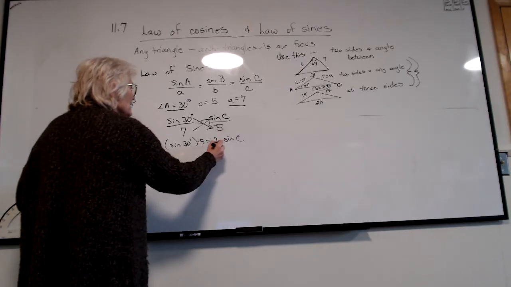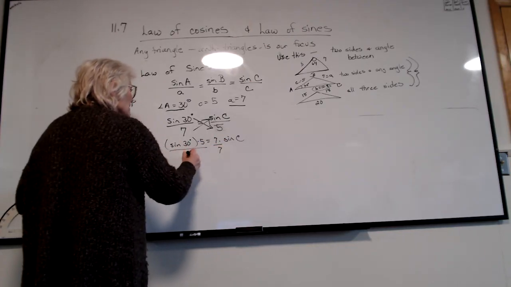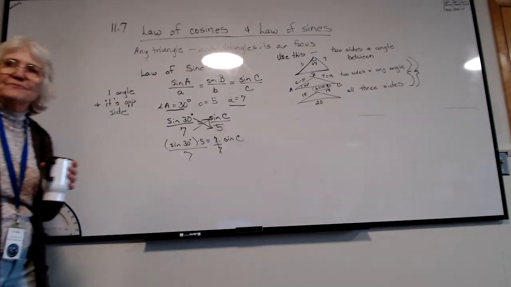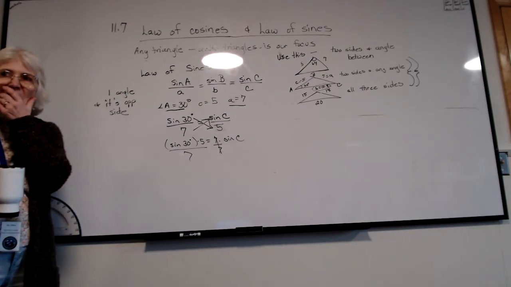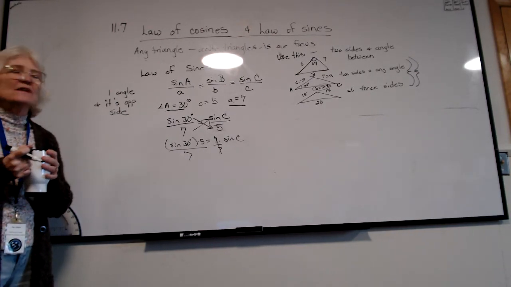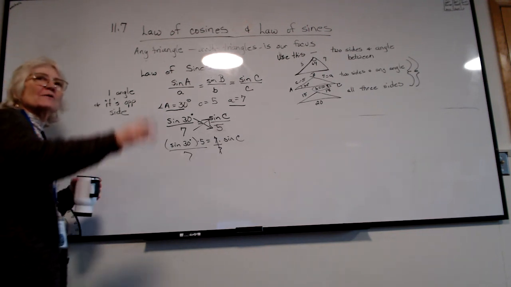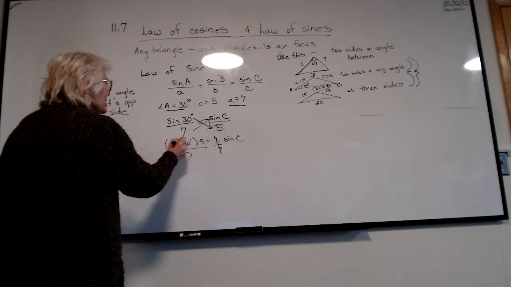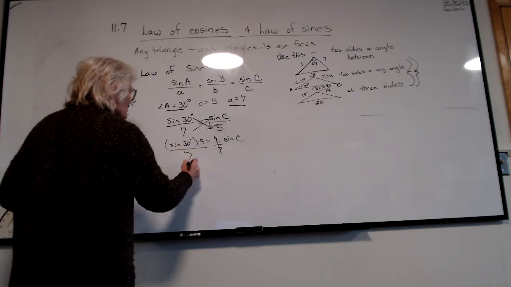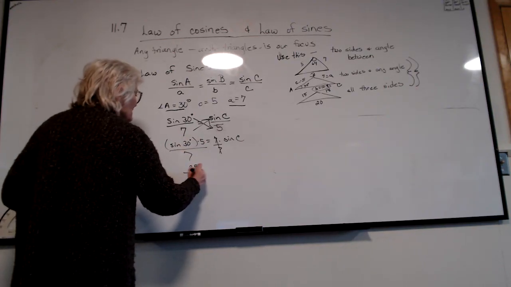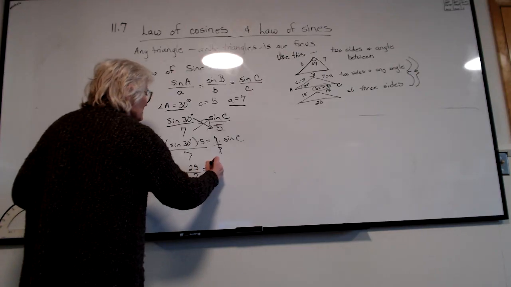So you multiply and then you divide. Sine of 30 is 0.5, times 5 is 2.5. Oh, we did times five. Sorry, okay, that's why it was cosine last time. Okay, sine of 30 is 0.5, so it's 2.5 divided by 7 equals sine of C.